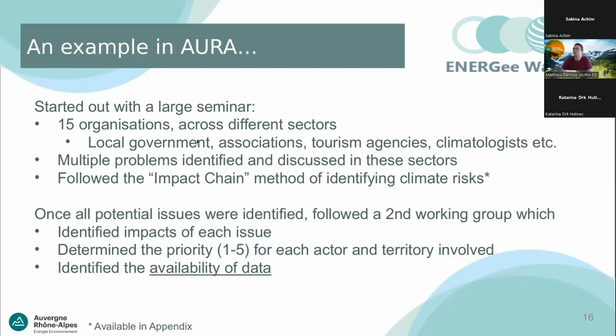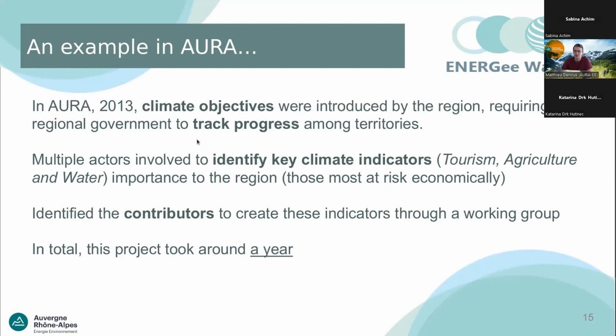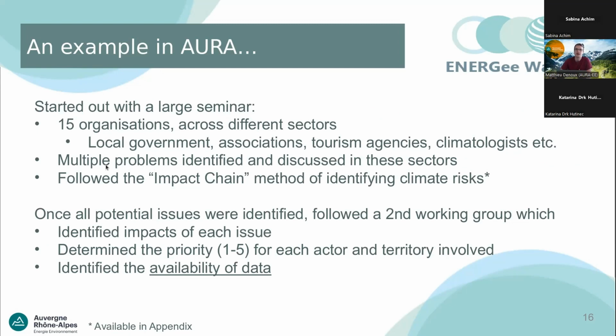We asked them to discuss this topic of climate indicators that could help fulfill these objectives. They identified a lot of problems and discussed them in their sectors, and we followed some impact chains of climate change to understand where the key points in the whole process might be.